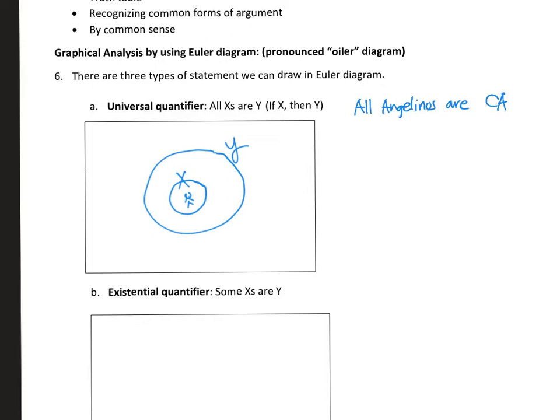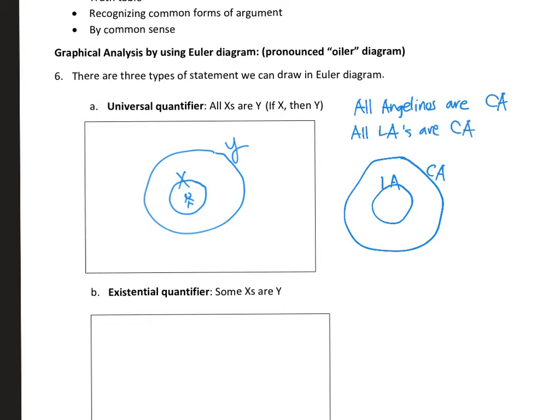So if I were to draw it with two circles, which circle should be inside? Is the LA circle inside or outside? Well, obviously LA is inside of California. So this is how I'm going to do it: LA inside, California outside. So all Angelinos are Californians.